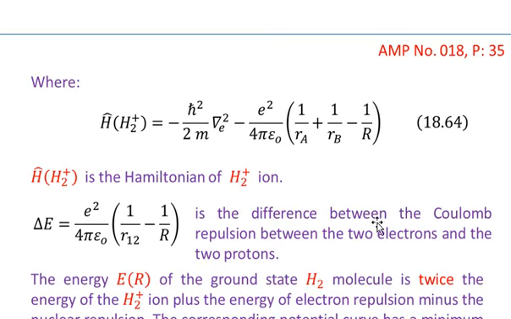So this is the difference between the Coulomb repulsion between the two electrons and the Coulomb repulsion between the two protons.